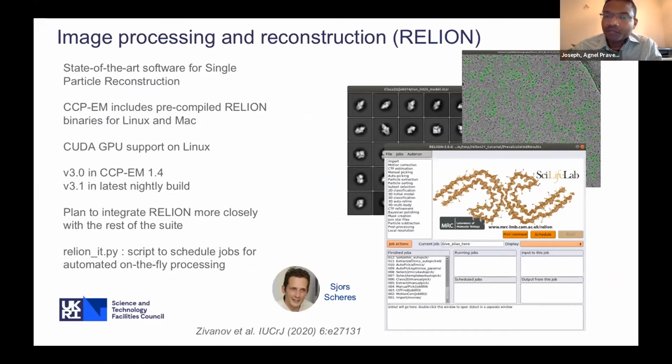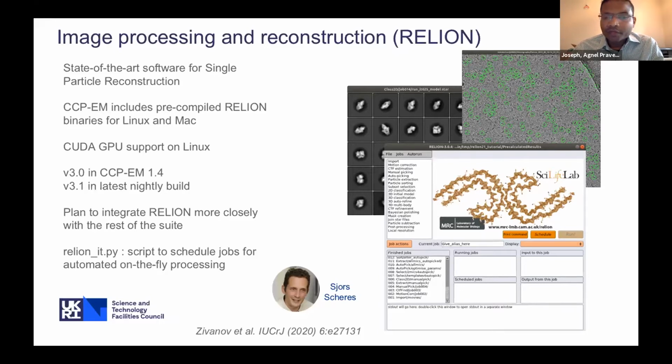At the moment, Relion stands a bit separate from the rest of the CCP-EM software, but work is ongoing to integrate Relion more closely with CCP-EM. So you will have a common pipeline and an interface in the future.